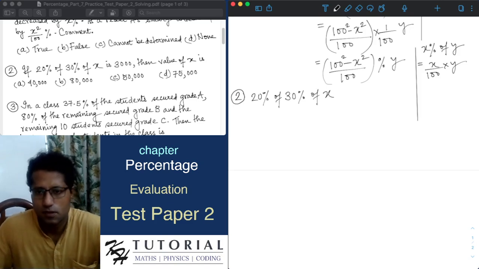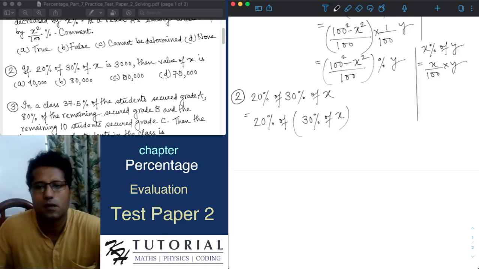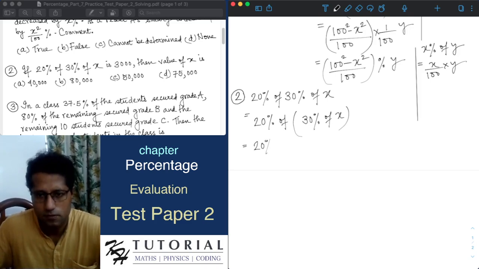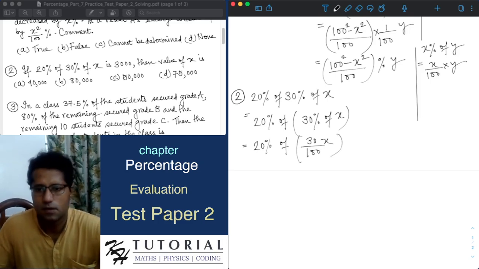So this is equal to 20% of, we have to first compute 30% of x. So this equals 20% of, what is 30% of x? That is 30 by 100 multiplied by x.